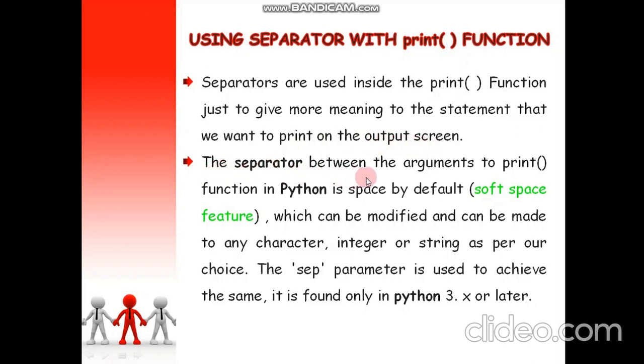The separator between the arguments to the print function in Python is space by default, which we call soft space feature, and which can be modified and can be made to any character, like integer or string, as per our choice.